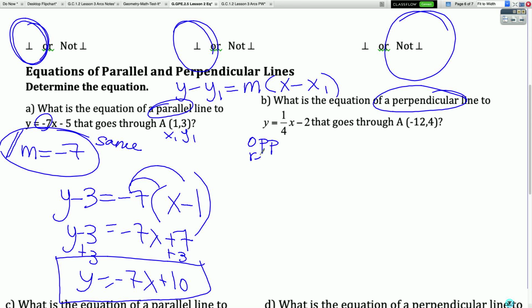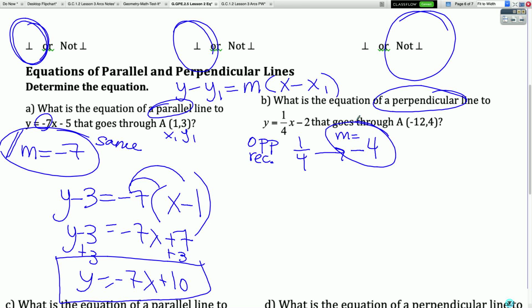which means I take my original slope of 1/4 and I flip it and change the sign. So a positive 1/4 would be a 4/1, negative 4/1. Do I have to write the 1? No. So this is the slope that I want to use. That one has one extra step of converting your slope.